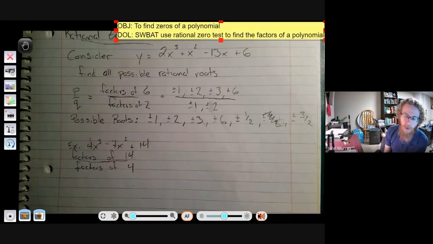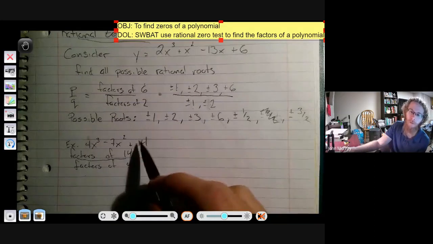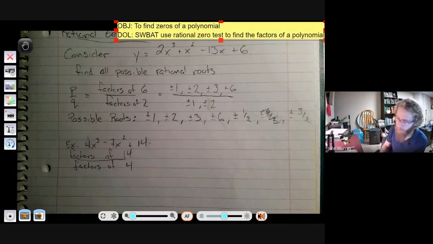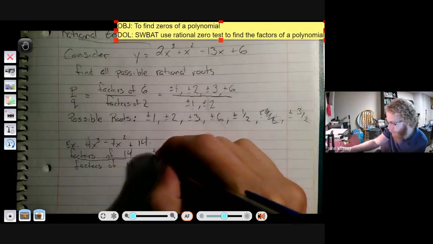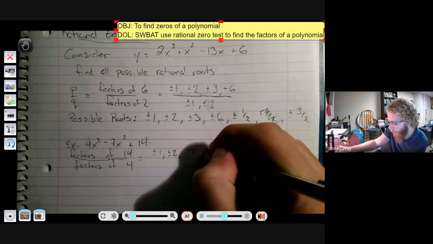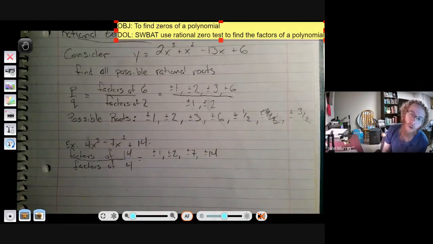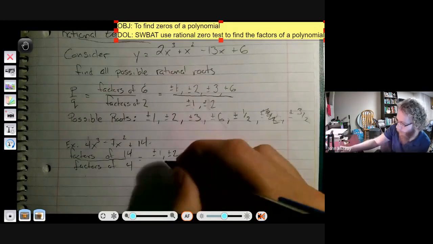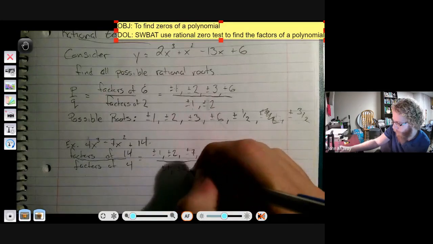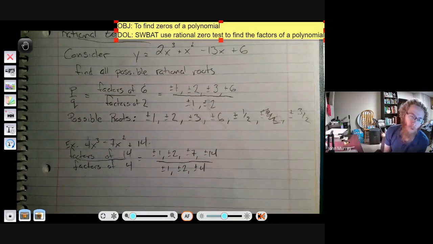All right, so always just remember that the constant term, your last term, always goes in the numerator. All right, so the factors of 14 are 1, 2, 7, and 14. The factors of 4 are 1, 2, and 4.